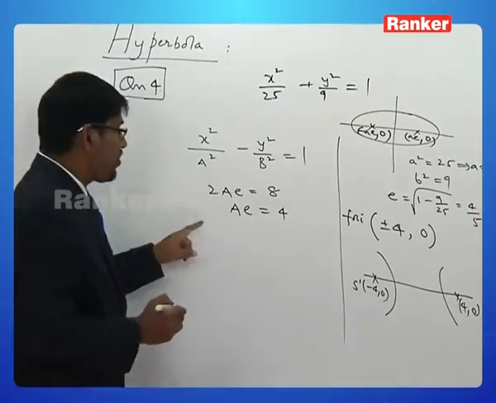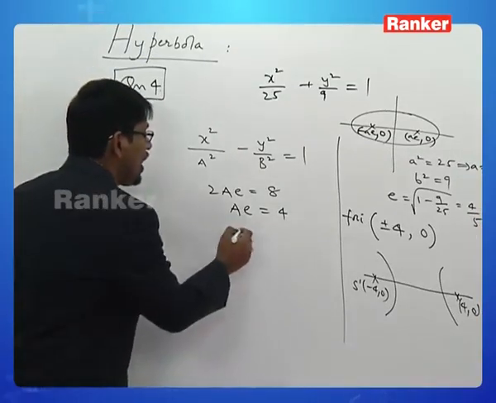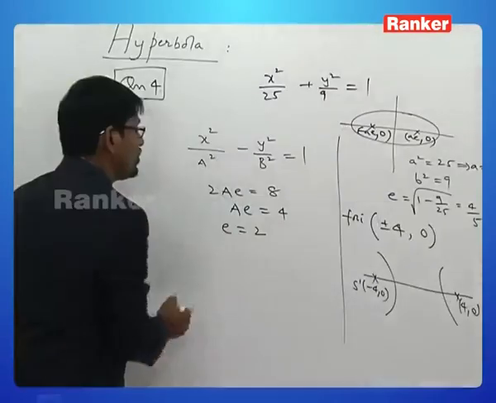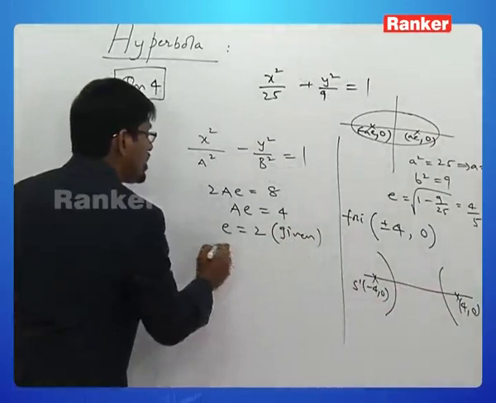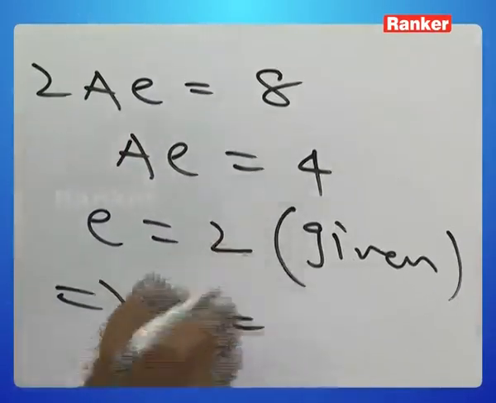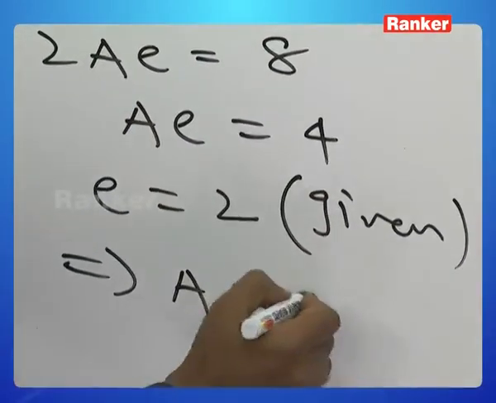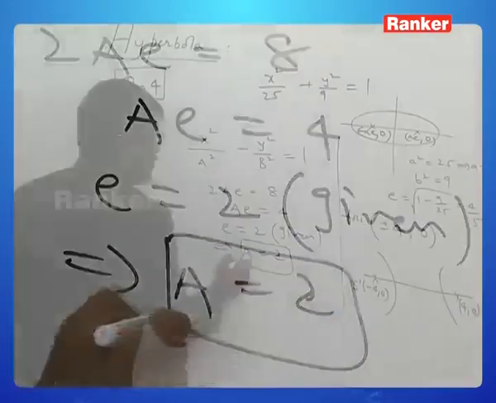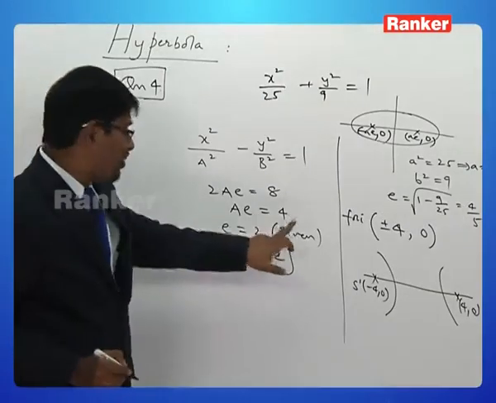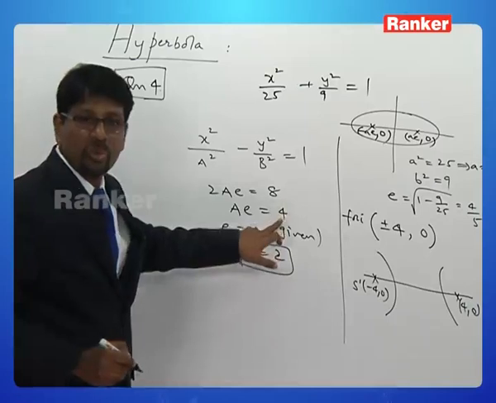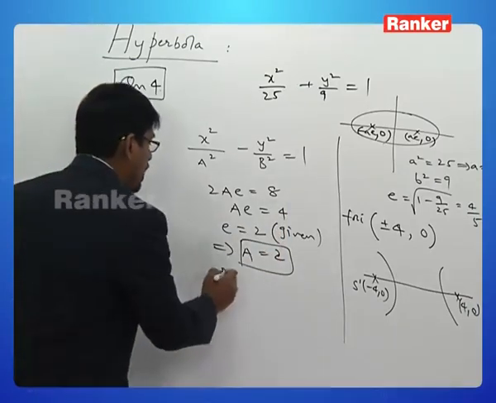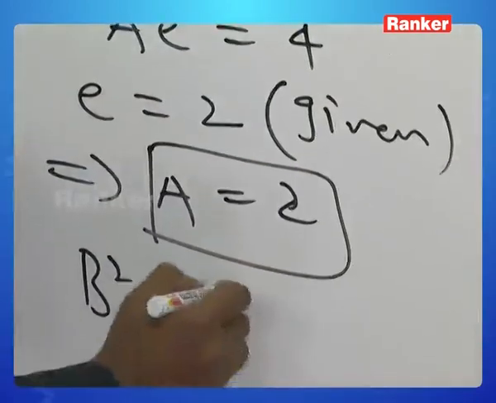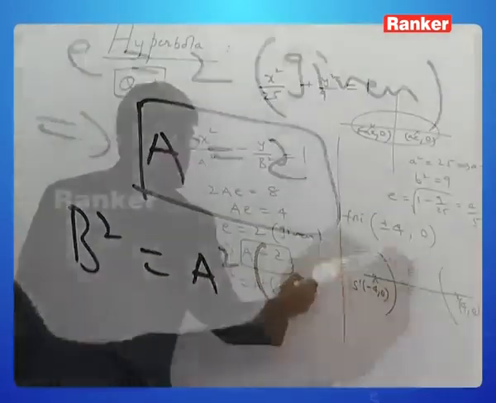Now AE is 4. He has given us that E is 2. So this implies A has to be 2, because AE is given to be 4, so 2A has to be 4. So A has to be equal to 2. And what do you know about B square? B square is equal to A square into E square minus 1.